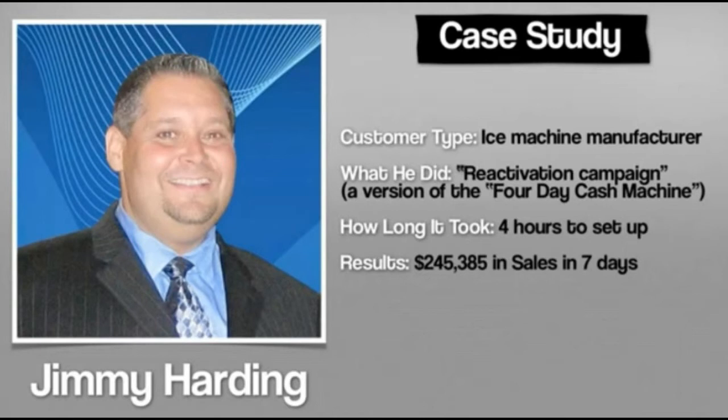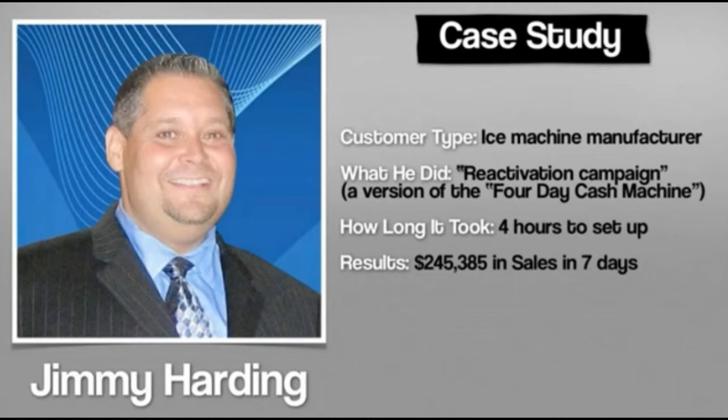Now, in this case, here's a guy, Jimmy Harding. He used this for an ice machine manufacturer. These are big, expensive machines, $10,000. Of course, these are for business owners. But these ice machines' filters need to be replaced every month, every 30 days, and they weren't doing that.